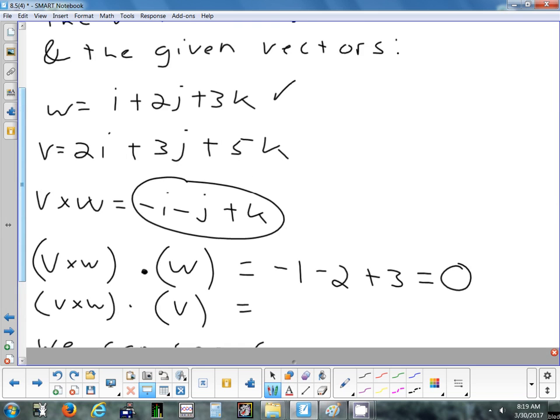The cross product is perpendicular at least to one of the original vectors. Let's check the second one. So what's 2 times negative 1? And 3 times negative 1? And 5 times 1. And what's the dot product there? 0.